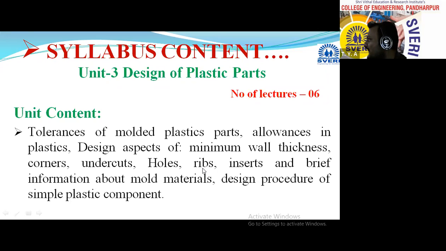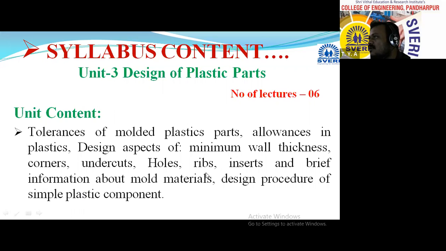The main use is to add strength, and then which type of rib is provided. A number of types are there, then how to select the suitable type depending on your end application. That part we are going to discuss in this design of plastic parts.